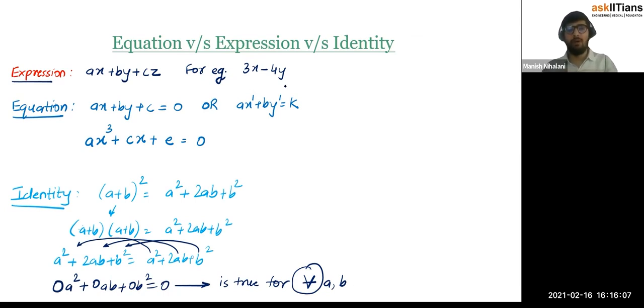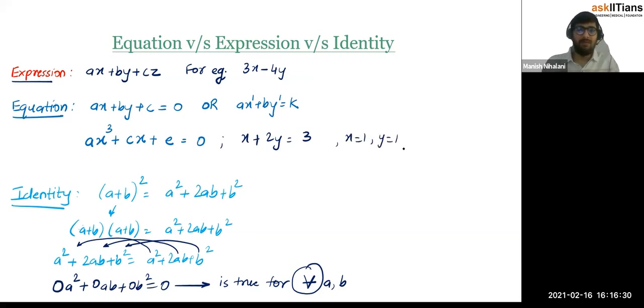Whereas when you talk about a particular equation, for example, x plus 2y is equal to, let's say, 3. So this is true if x is 1, y is 1. So x is equal to 1, y also has to be equal to 1 then, right?